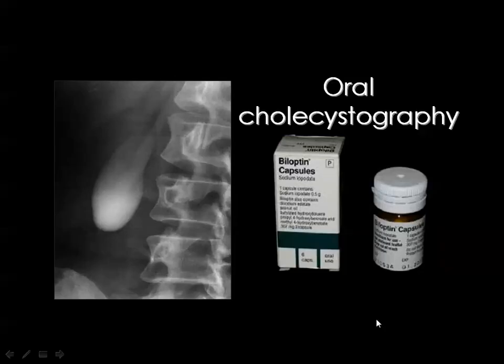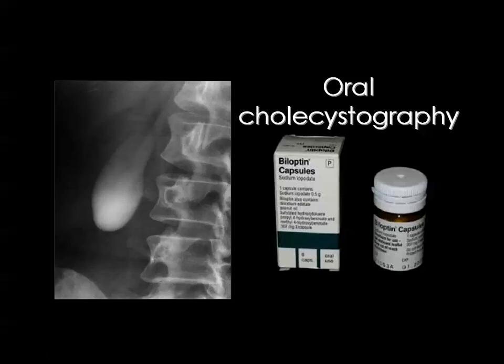The very old technique known as oral cholecystography was done by giving some capsules. This is an oral contrast media known as biloptin, and these capsules are taken by the patient at night, and in the morning he is fasting and comes to the radiology department to have plain films for the region of the gallbladder.